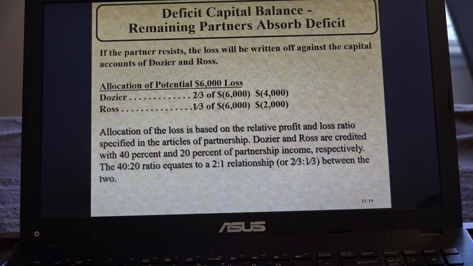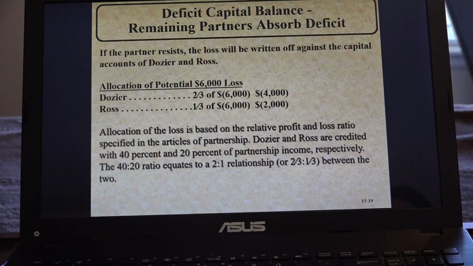So Dozier takes 4,000. That brings his capital account down to 11,000. Ross's capital account is brought down to 9,000.